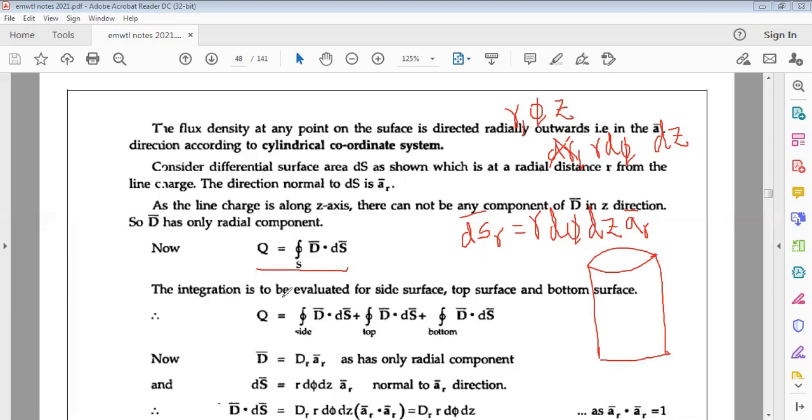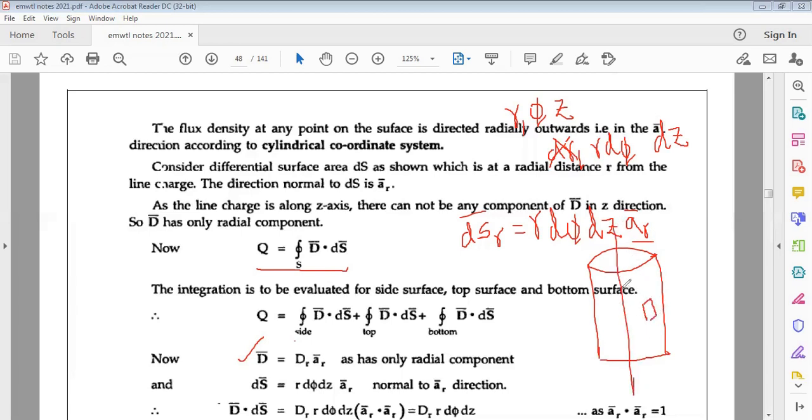The integration is to be evaluated for the side surface, top surface, and bottom surface also. What do you mean? Q is equal to, dividing this Gauss law in three parts: the side, top, and bottom. Here there is a small unit surface area we are assuming.